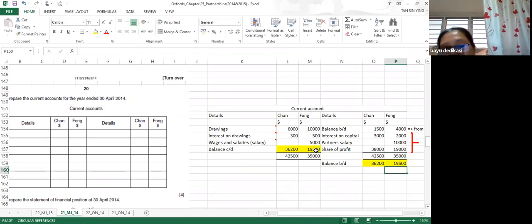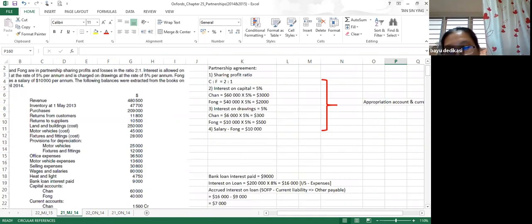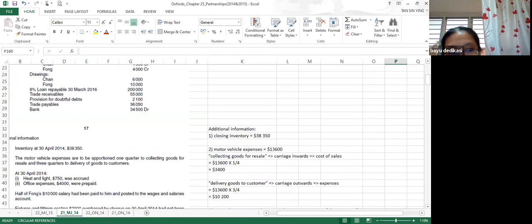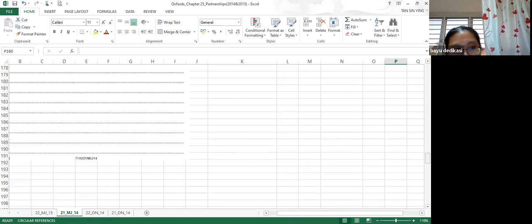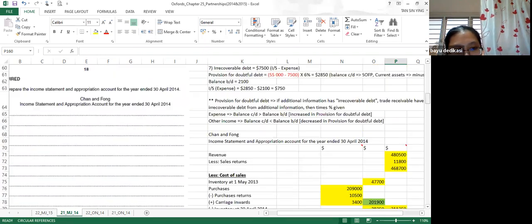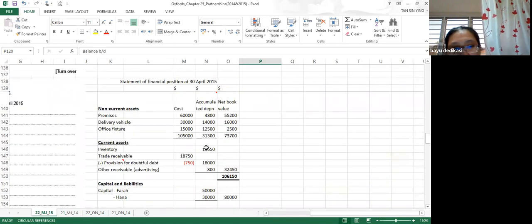Okay, move on to prepare your statement of financial position. Refer back to the first question that we have done. Basically the format is not much changed, only the information.